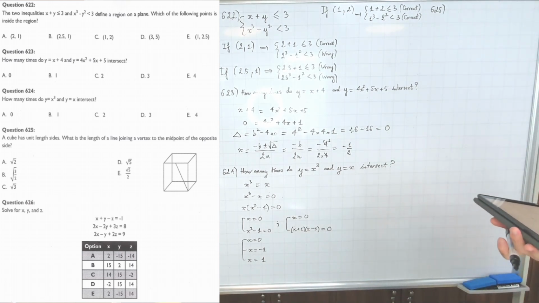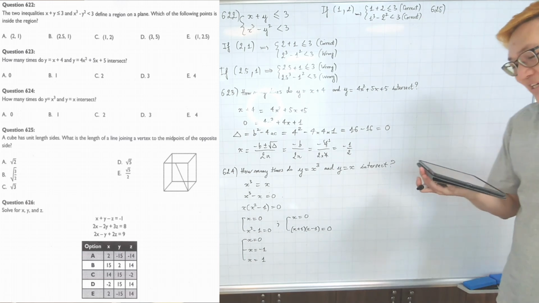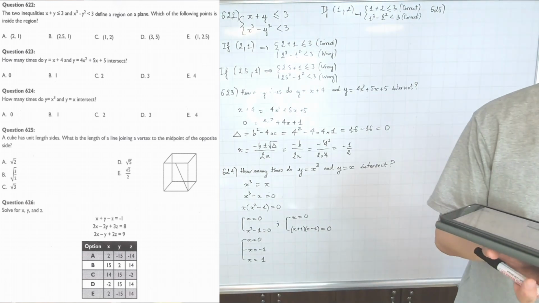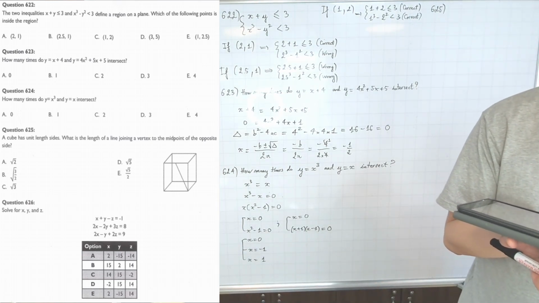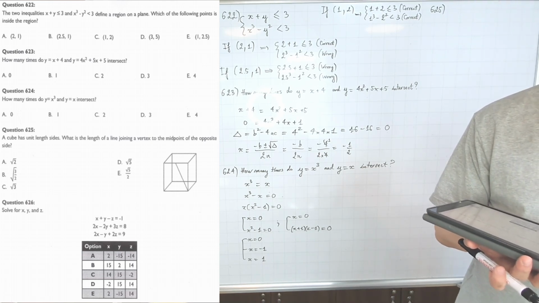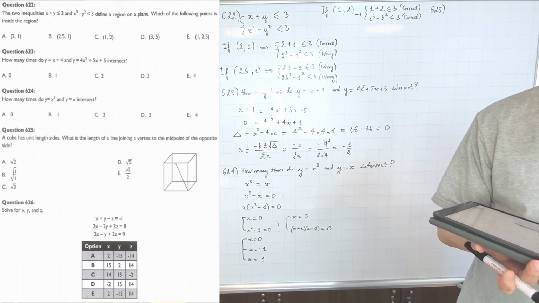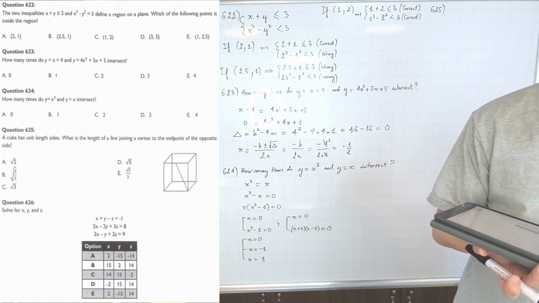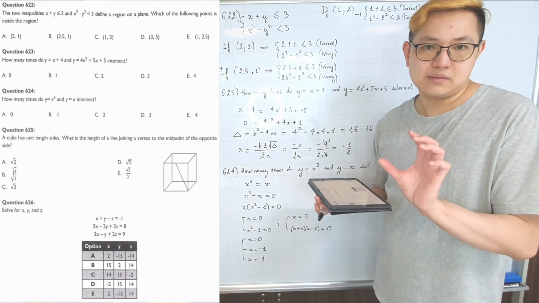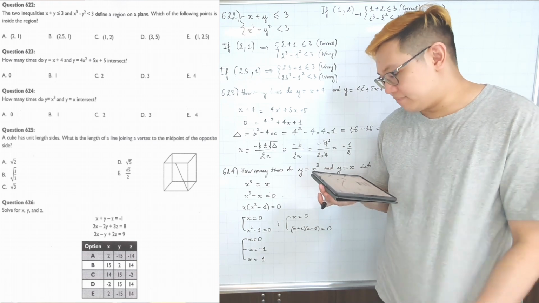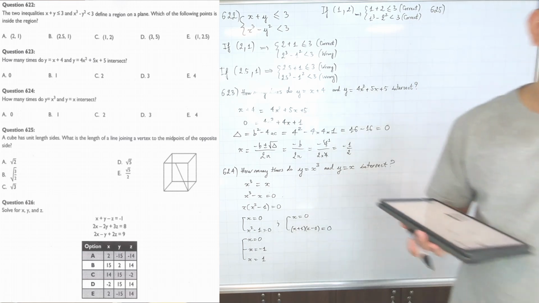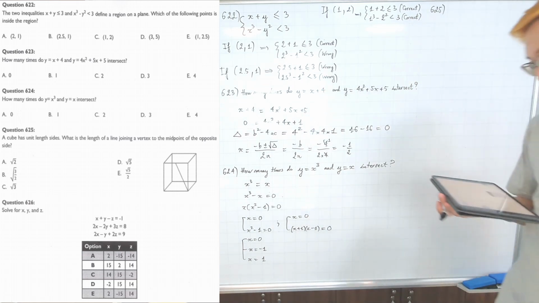Okay, anyway. Question 625. A cube has unit length sides. You know what unit length sides means? A cube whose edges each have a length of one unit. So unit length side means like 1 unit, so all the sides are 1, 1, 1.